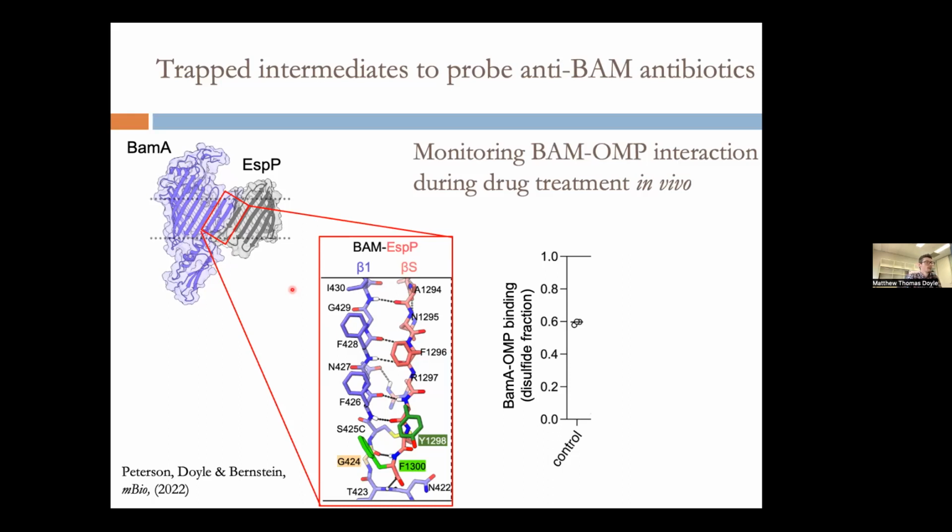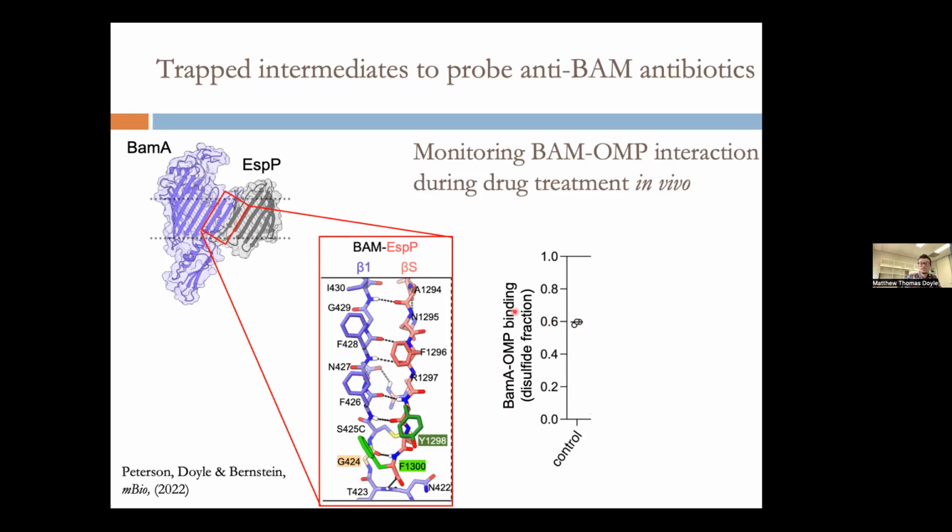Here is how we know that BAM-A binds to the final strand of EspP, and here it is. So we can easily engineer a disulfide bond. In normal scenarios where BAM is functioning properly, it'll engage its substrate, and you'll get a certain level of cross-linking or disulfide bonding, which is basically a readout of binding, all right?